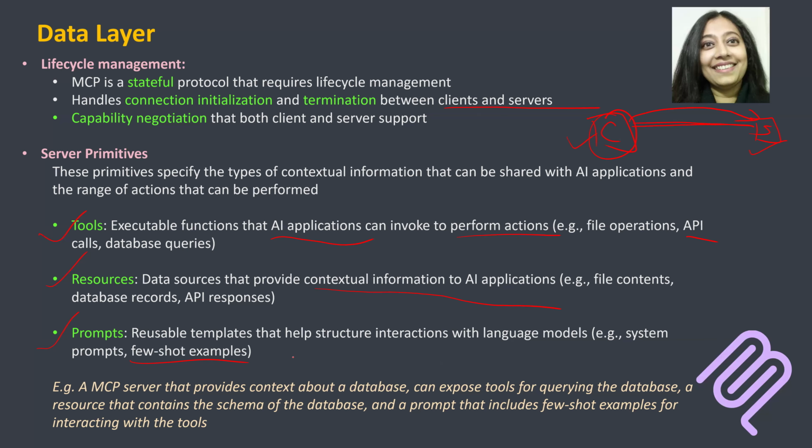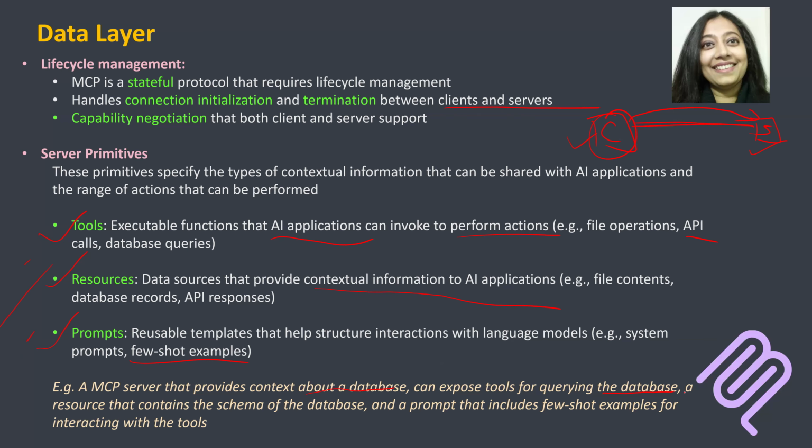So now let's take an example. Let's say you are creating an MCP server that provides context about a database. Now, how can you use tools, resources, and prompts? You can expose tools for querying the database, essentially API calls or database queries.